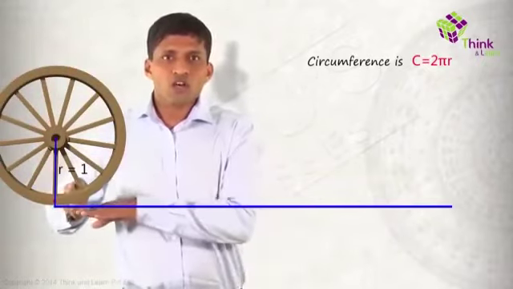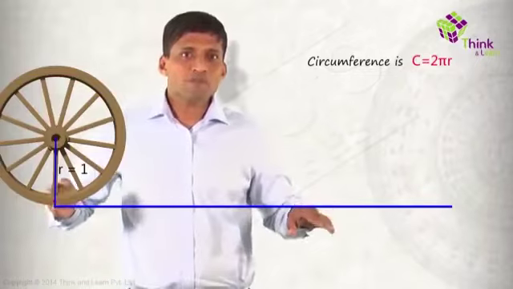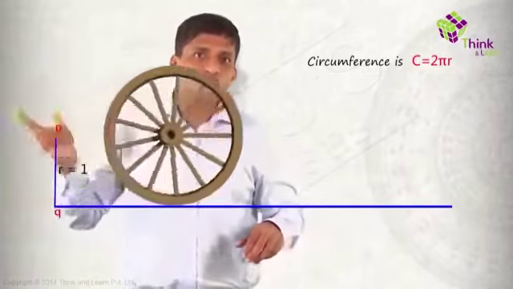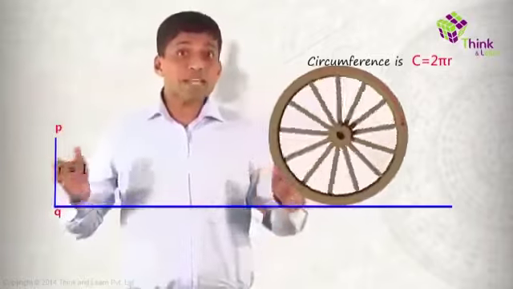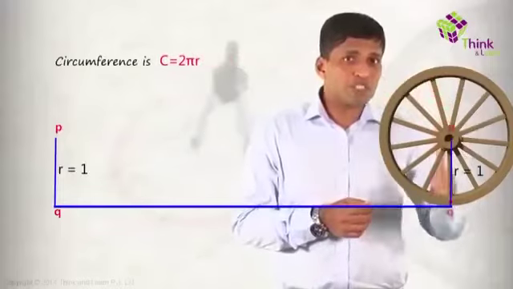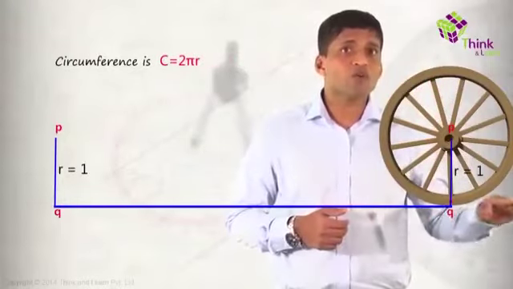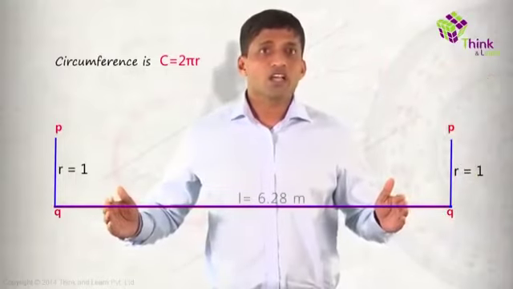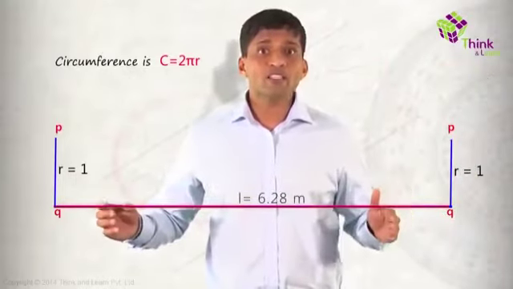If this radius is perpendicular to the ground, let me name it PQ. Just push the wheel. The wheel will rotate. By the time it completes one rotation, where PQ is at the same position again, that is at 90 degrees with the ground, if you measure this distance, it will be 6.28 into 1.